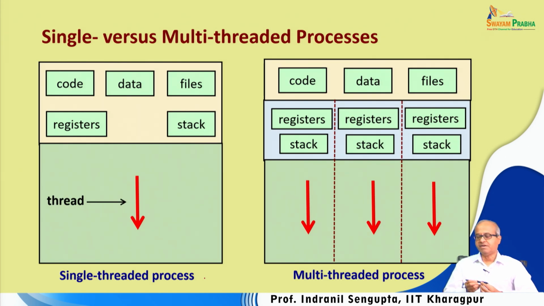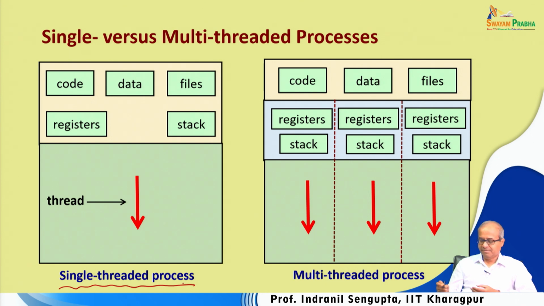Now, pictorially let us show how a single threaded process and multi-threading actually differ. The diagram on the left refers to a single threaded process, which is our conventional process, as we had seen earlier.